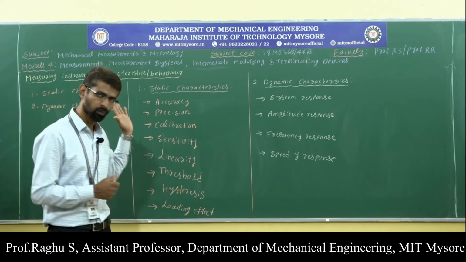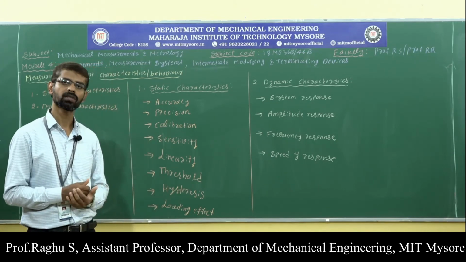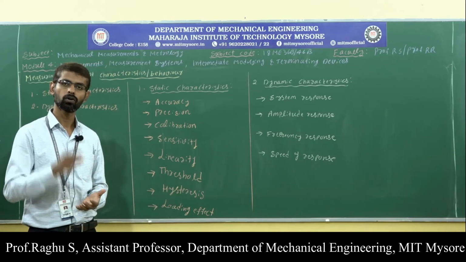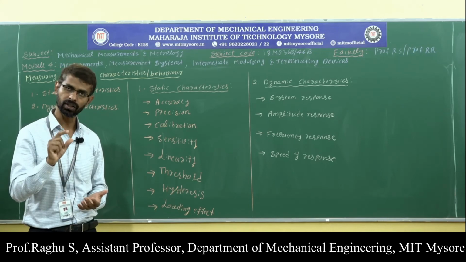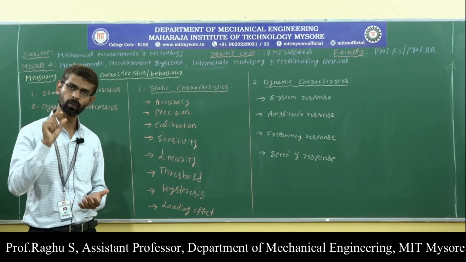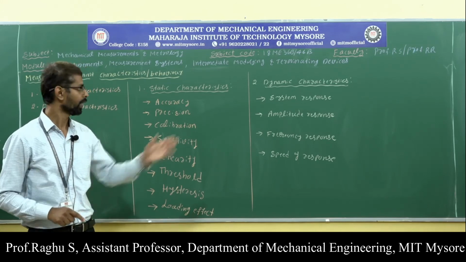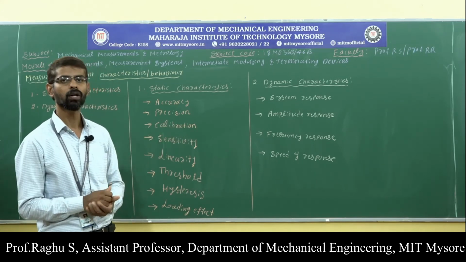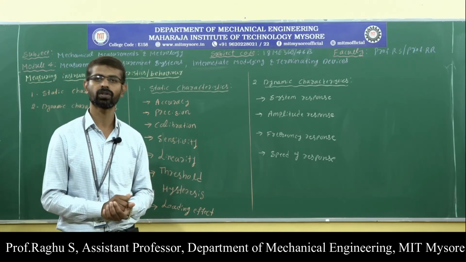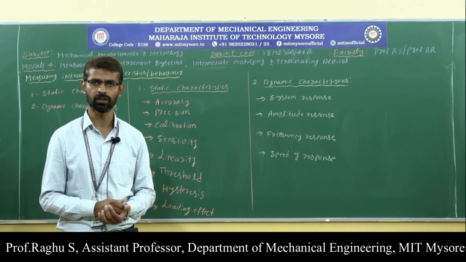So the performance of a measuring instrument is described by using static and dynamic characteristics. The static characteristics are considered when the instrument measures physical quantities which are not varying with time, whereas the dynamic characteristics are considered when it measures quantities which are varying with time.